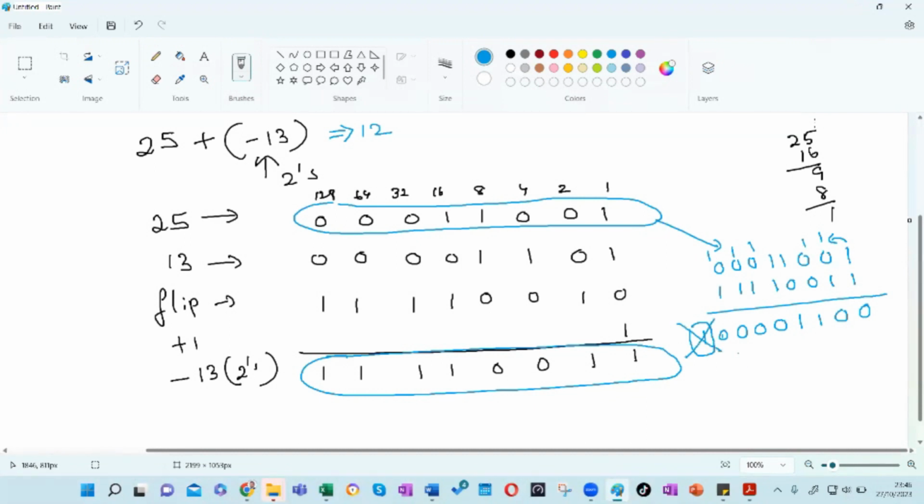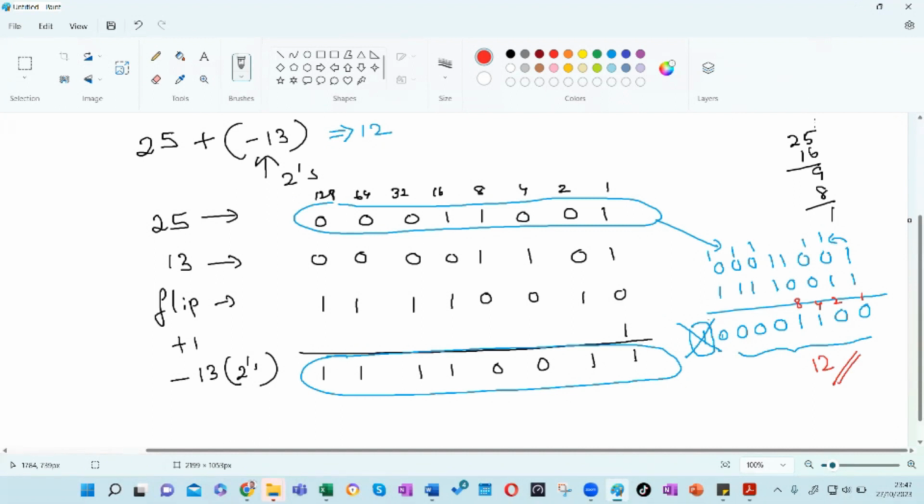Okay, and then check this out. This is 1, 2, 4, 8. 8 plus 4 is 12. There you go. So the answer is this, not this one.